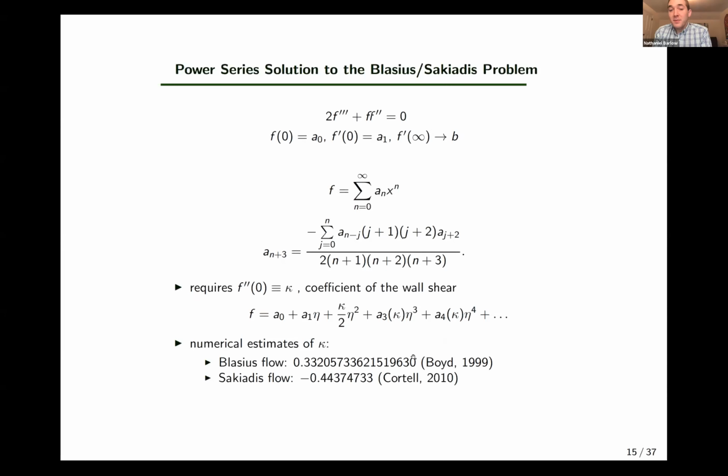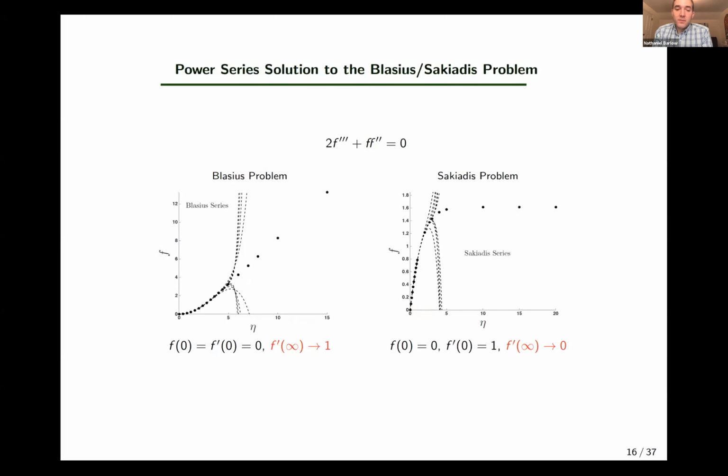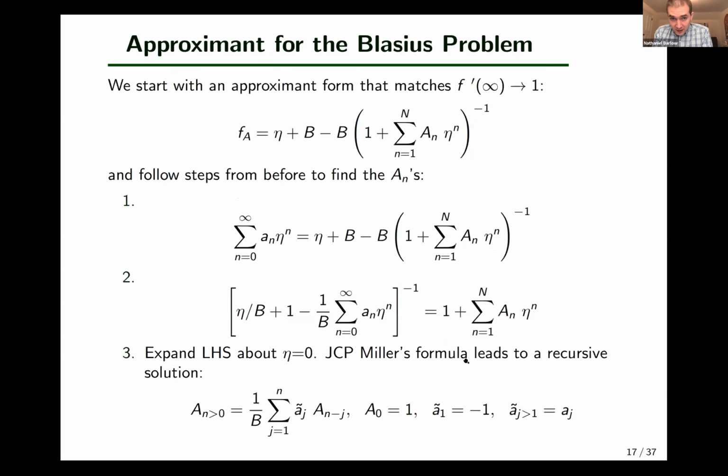We have an expansion about 0, we have a behavior about infinity, and I'm just going to skip to the plots. We have an expansion about 0 that does terrible, but the red here is the behavior about infinity.